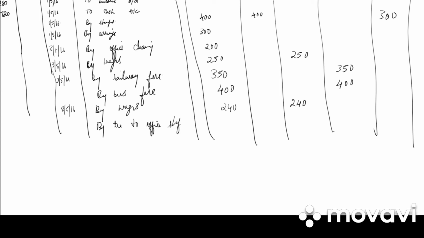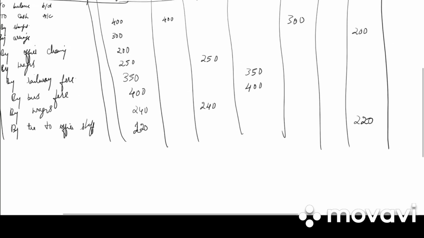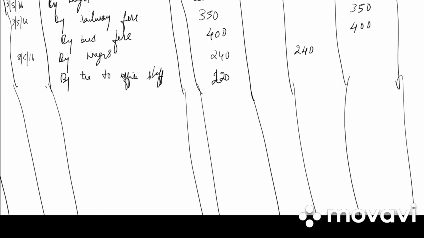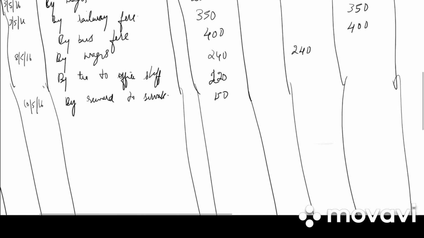How much is it? It is 220 under miscellaneous expenses, 220. Then on 10th May by reward to servants. How much is it? 150 under miscellaneous expenses, 150.